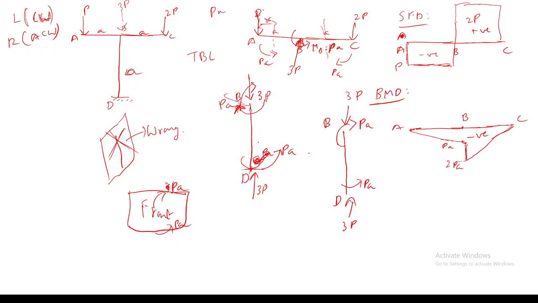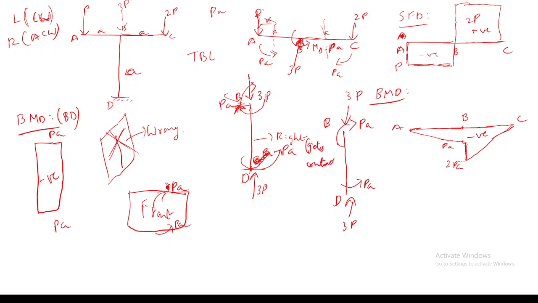Yeah, the right side is contracted, the left side gets elongated. So the bending moment is negative. Okay, for example, if I draw the bending moment diagram for member BD, I have to draw a negative bending moment which equals PA, since the right side surface gets contracted. Is it clear?